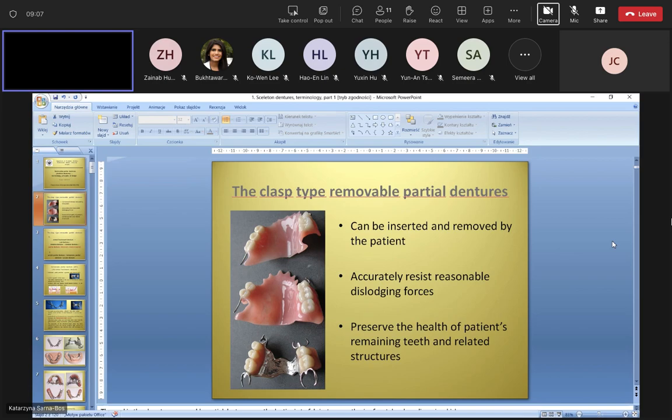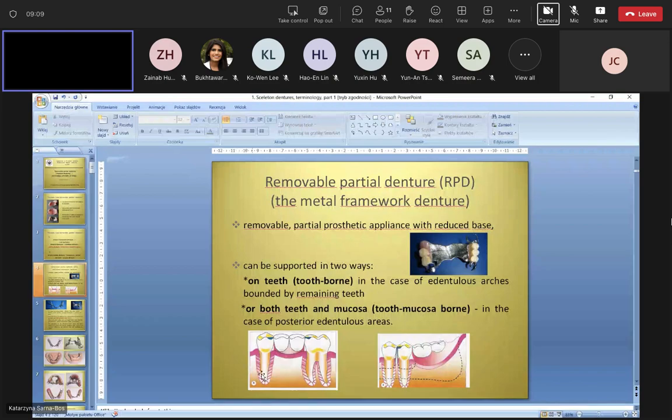And this is an example of such a denture. As you can see, this is the gap between the teeth, and we can put the skeletal denture between them. And here you can see the metal tips which are placed on the occlusal surface of the teeth, and thanks to them, this denture is supported by the teeth of the patient.